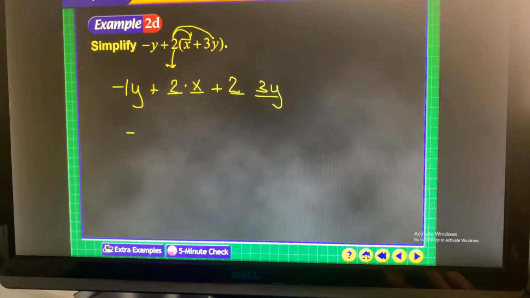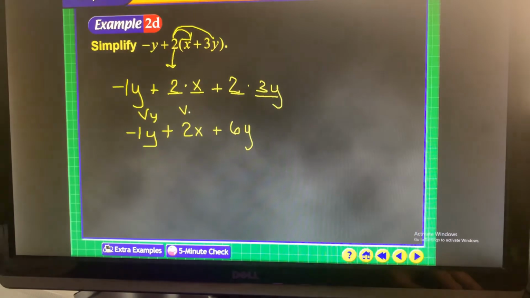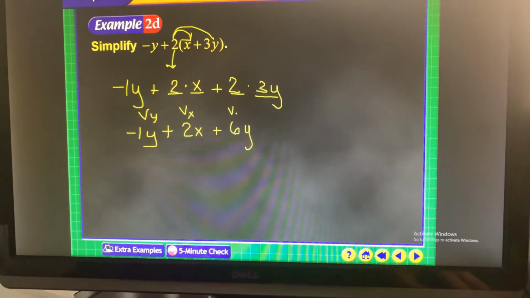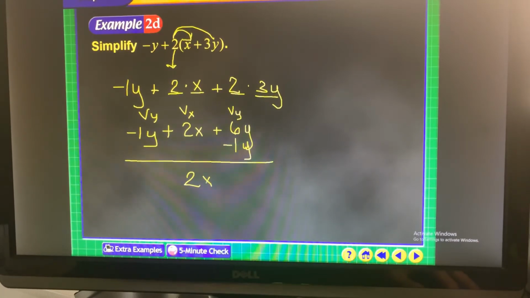So then you have negative 1y plus 2x plus 6y. Then I can go variable y, variable x, and variable y. And I can see who's from the same family. I'm going to stack the negative 1y over here, draw my line, and I have 2x plus 5y.